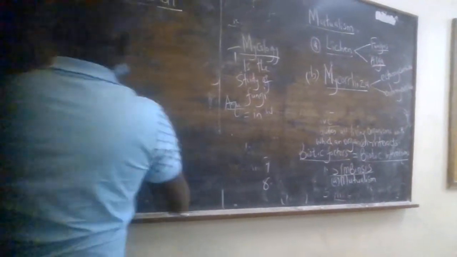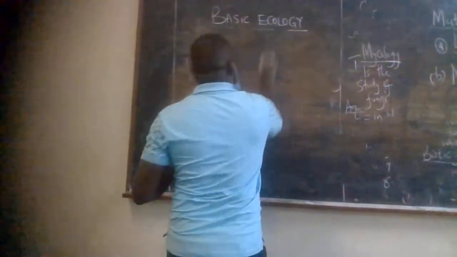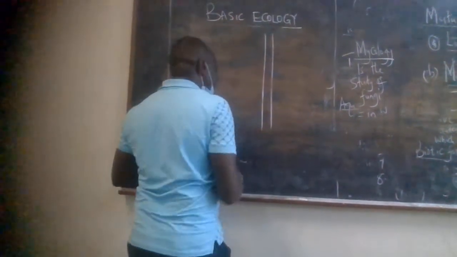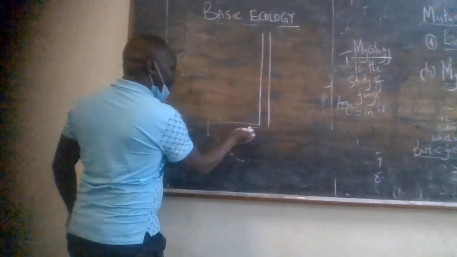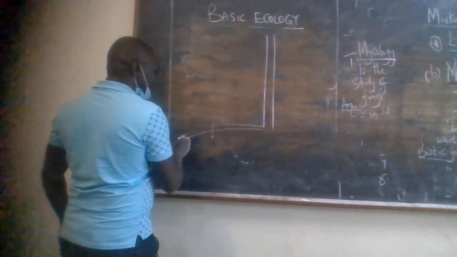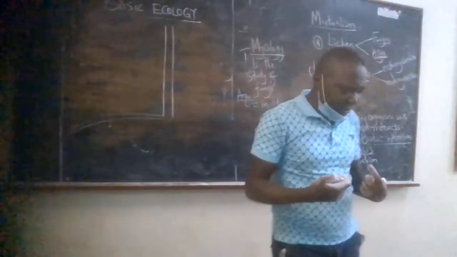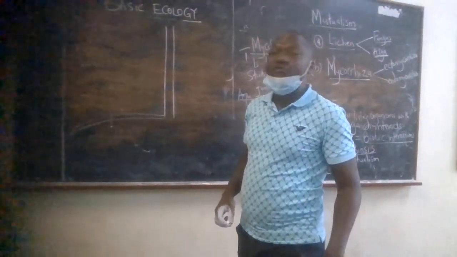So if this is a plant, a plant like this, and maybe this is the root. In most cases, the roots of dicotyledonous plants, especially the trees.